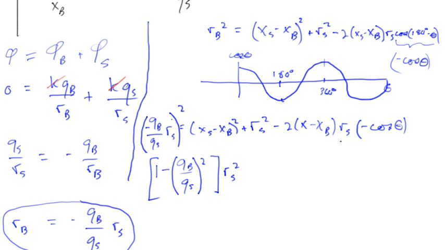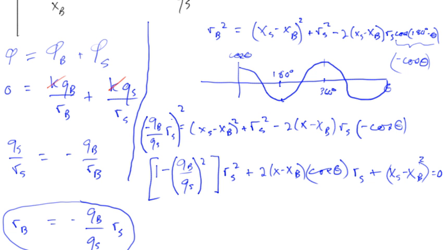And then minus is a plus, so plus 2 XS minus XB times the cosine of theta times RS, and then plus, this is the constant piece, it's got no RS in it, so XS, that's the position of the smaller charge, minus XB, the position of the bigger charge. And that's all equal to 0.